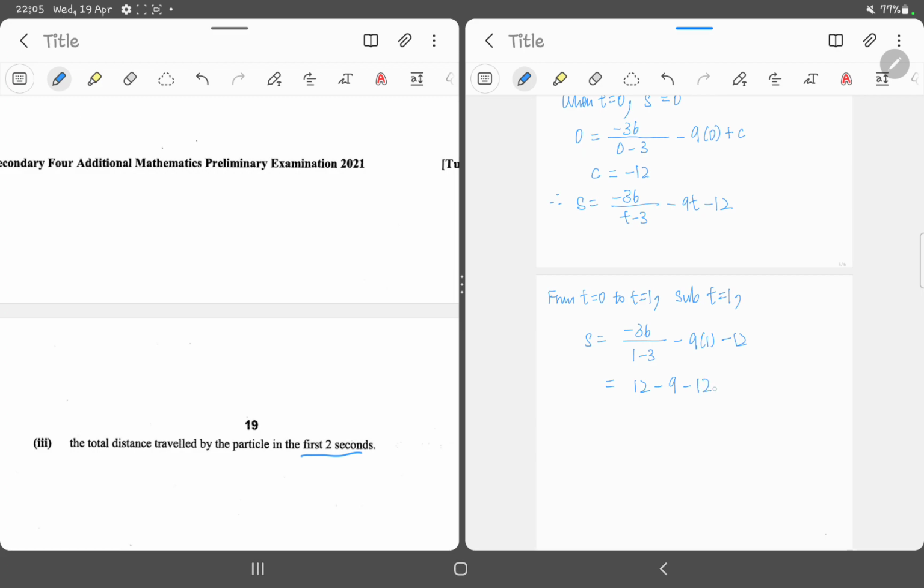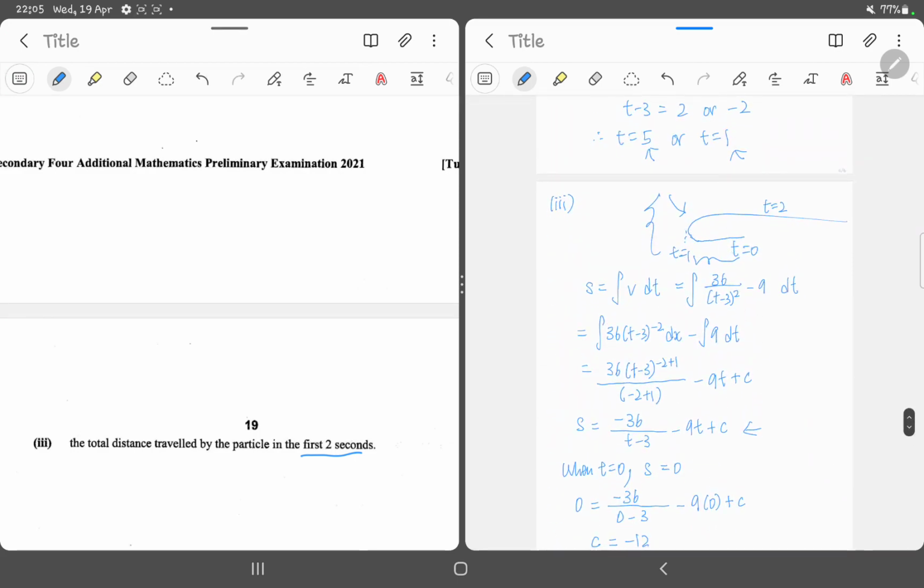Sorry, this is my bad. Yes, 18 minus 12 minus 9 is actually minus 3 meters. So the displacement is minus 3 meters.